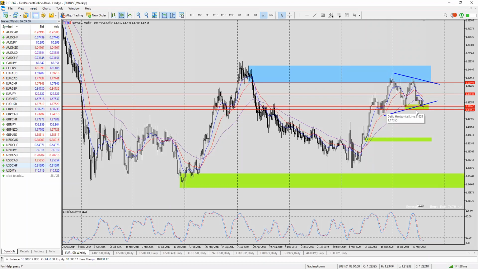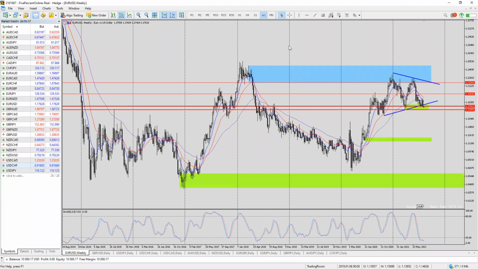So closing below this level of around 116.50 to 117 will confirm the double top, and also, as I mentioned, will create lower lows, lower highs, and then an official downtrend.